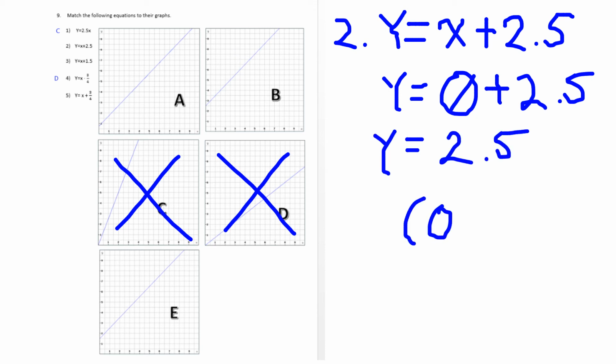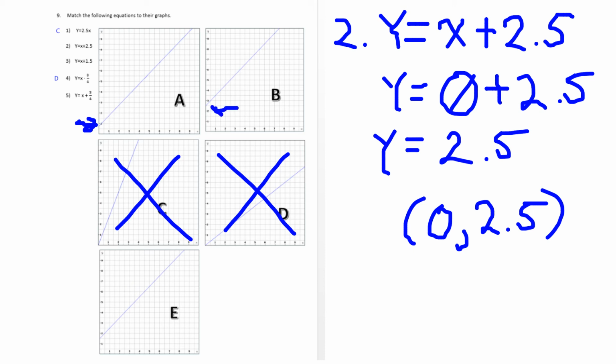To put it a different way, when x is 0, y is equal to 2.5. So I can graph that point extremely easily. In fact, I can look here at the graphs and just look at A. If we look at graph A here, when x is equal to 0, the line does not cross the y-axis at 2.5. In fact, it crosses at less than 1. So that's not going to be the one for y is equal to x plus 2.5.